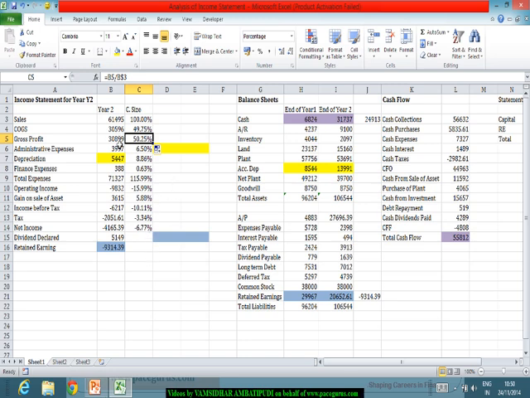And if I'm looking at the net income, I can change the formula a little bit here. Or operating income is where I had a problem.